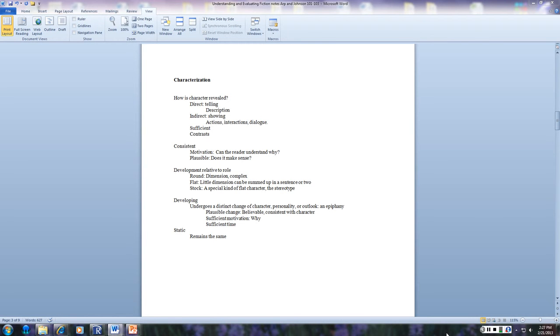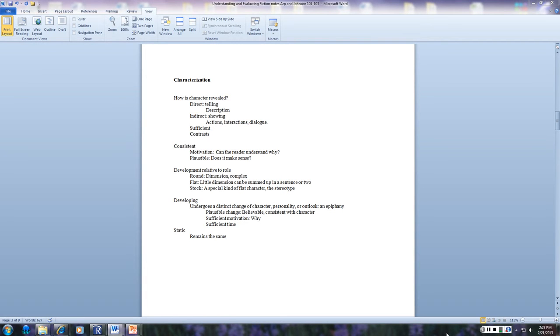That means that we can understand why they do what they do and that action makes sense. So if we have a character that seems to be honest and good, then we would expect their behavior to reflect that. Is there some reason that they would not behave that way? So is the character consistent with the way the character has been revealed to us?